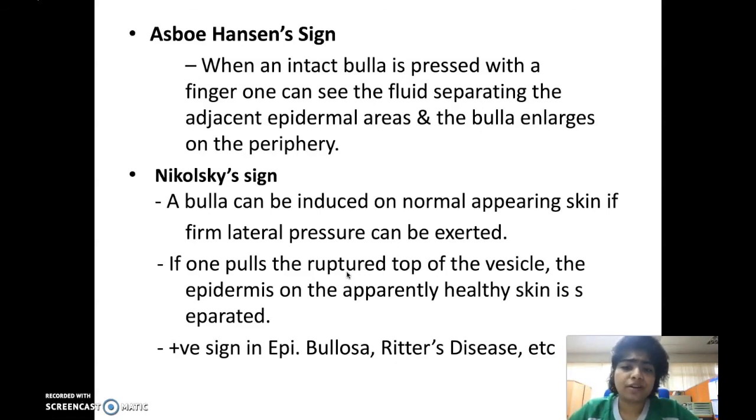If one pulls the ruptured top of the vesicle, the epidermis on the apparently healthy skin is separated. It is a positive sign in epidermolysis bullosa and also in Ritter's disease.